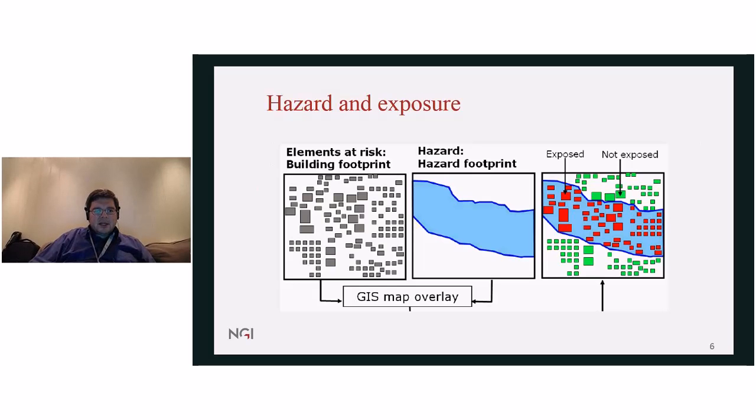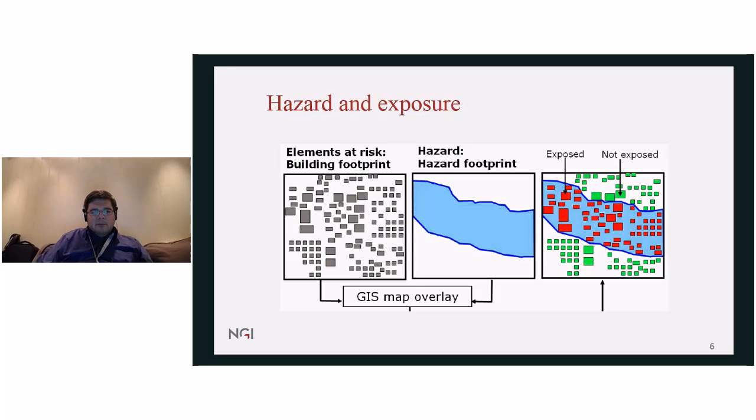Hazard and risk also require the definition of the concept of exposure. We can illustrate this with this example. Here we have two different layers of the same area. First, we have the elements at risk, which is composed of the building footprint in a populated area, and then the hazard footprint for the same area, which is given, for example, by the area affected by a potential flood or landslide.